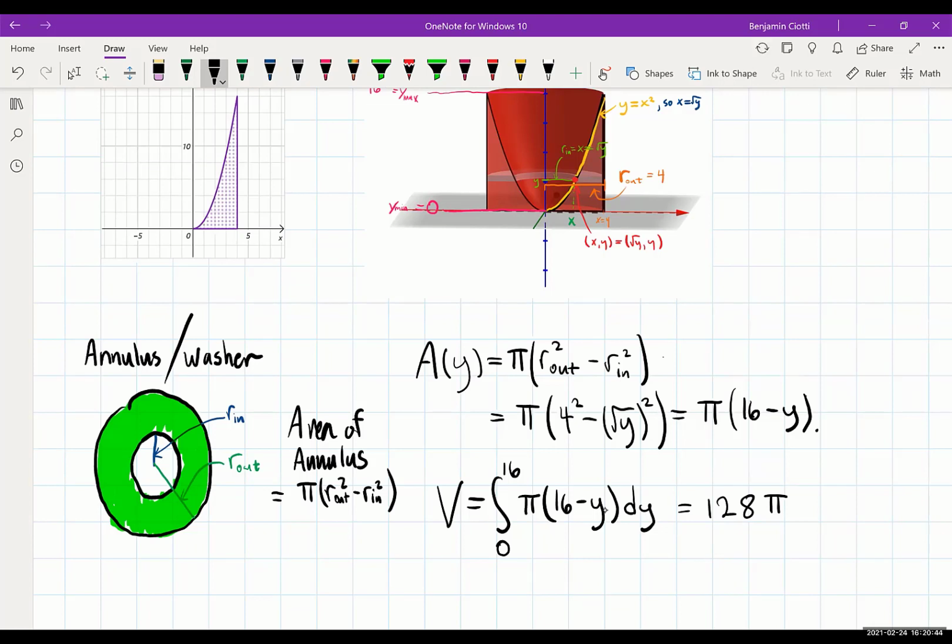Any questions? Yeah, I have a question. Would there be a good rule of thumb to figure out which equation goes with R inner and R outer? Is that just to look at how it's defined? So we know that the further part of the graph, which would be R outer, would be defined by x equals 4.